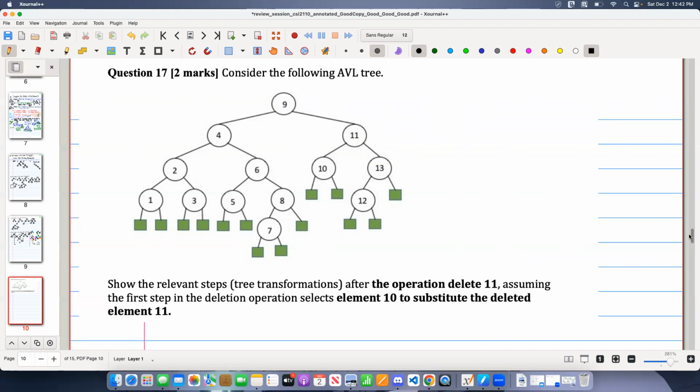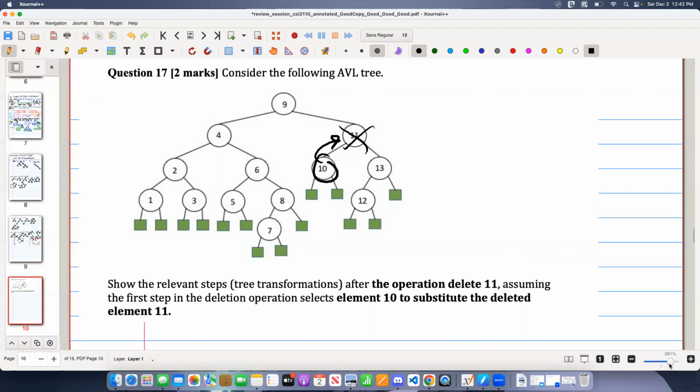In terms of most of the questions that I've seen on the midterms, he actually specifically tells you what you should substitute the element with. So I think that was mostly help for assignments, but for finals, this is pretty simple. Okay, so we're going to delete 11, and in place of 11, we're going to substitute it with 10. So let's write that out.